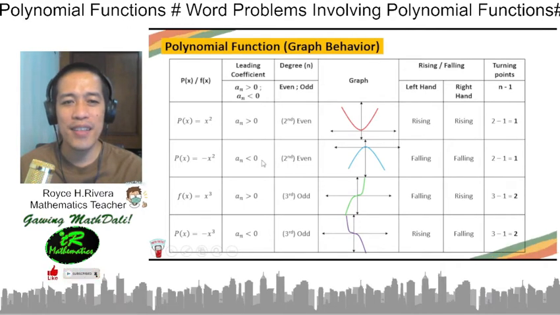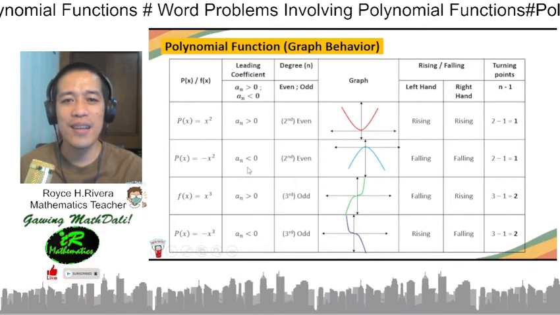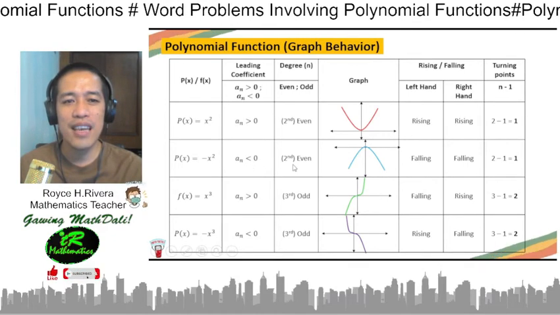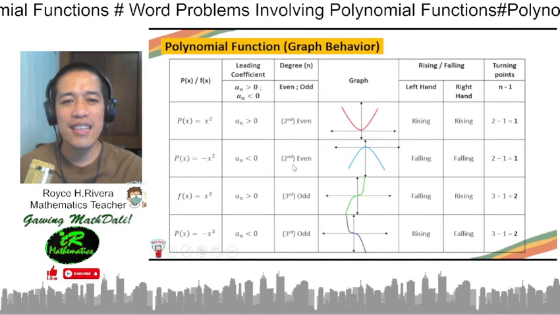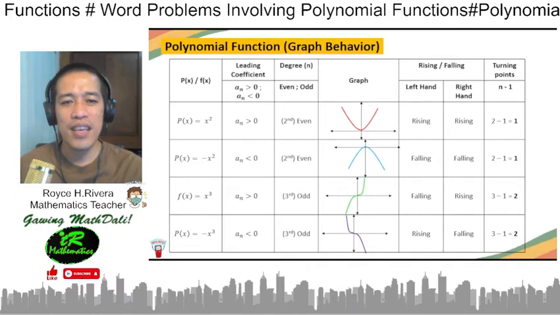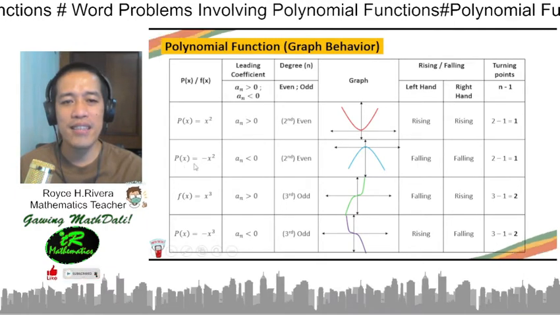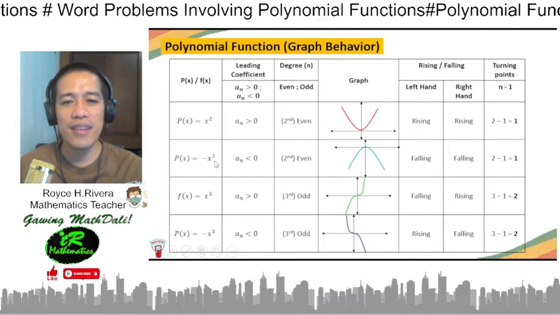Next example, if the leading coefficient is less than 0 or negative, and the degree is even. So we have the example polynomial p of x equals negative x squared.